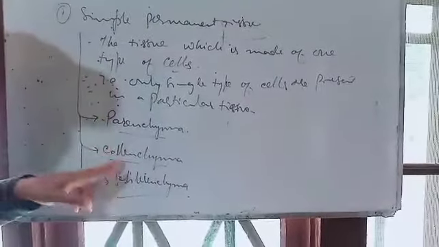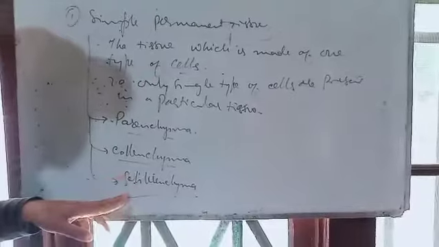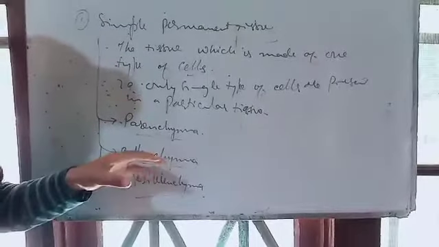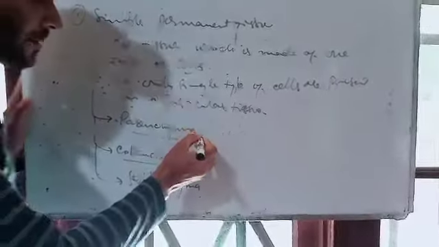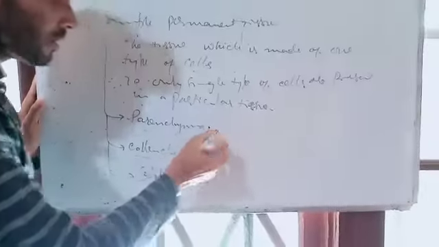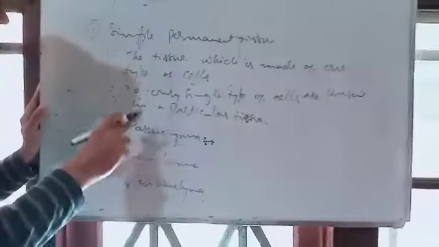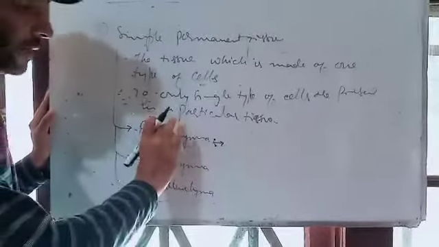We have to discuss these three types of tissues and their characters. Parenchyma is a simple tissue, which means the parenchymatous tissue is formed of only a single type of cells.